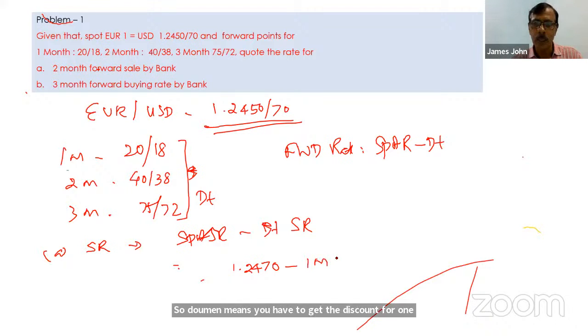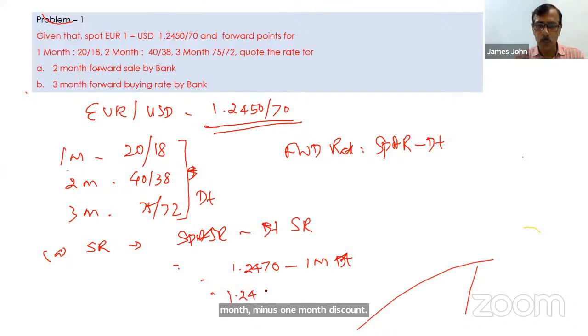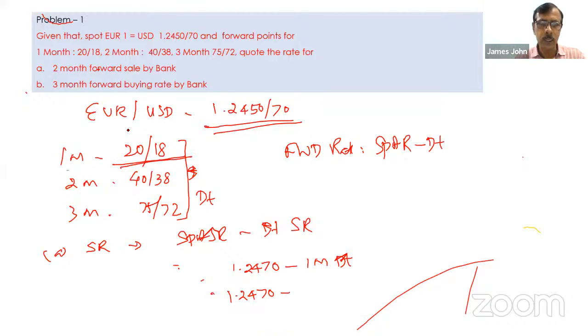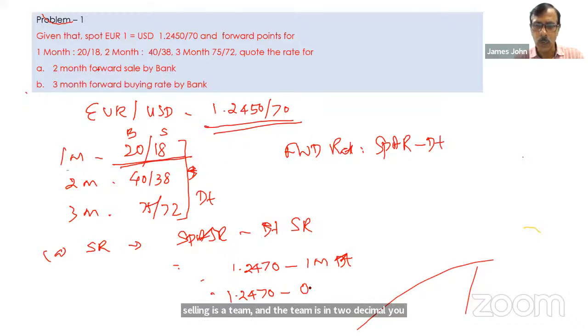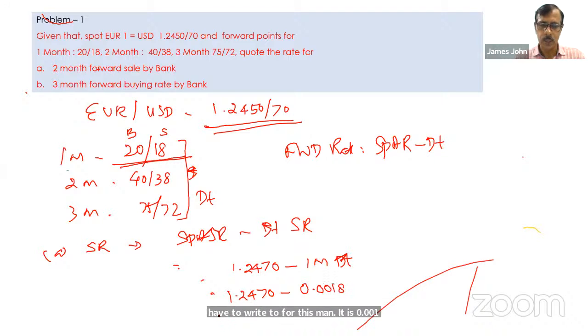That is equal to 1.2470 minus what is 1 month? 1 month, this is the discount. Here, this is for buying and this is for selling. So selling is 18, and 18 is in 2 decimals. You have to write it to 4 decimals. It is 0.0018. This will be 1.2452.